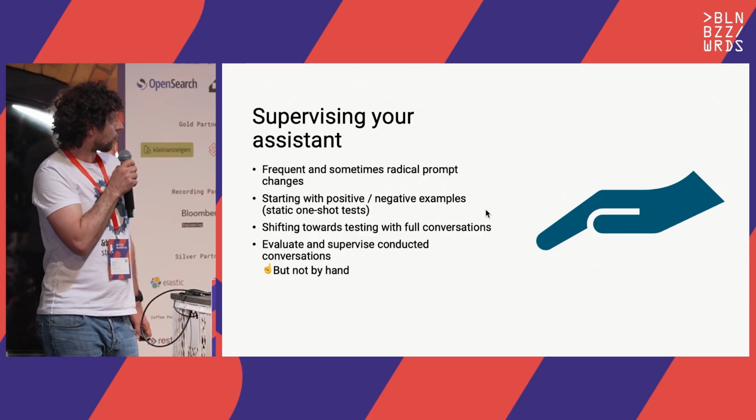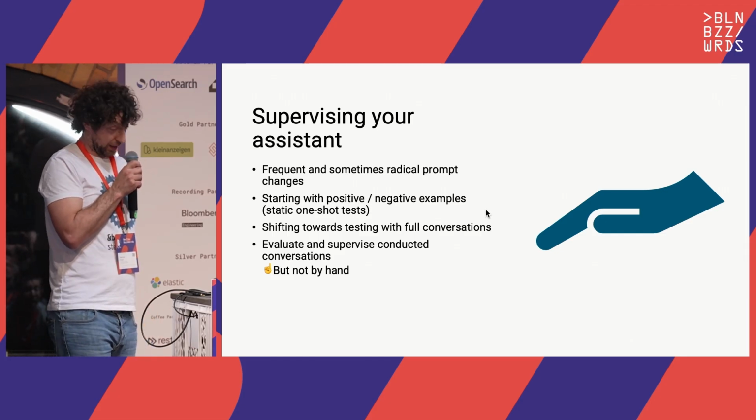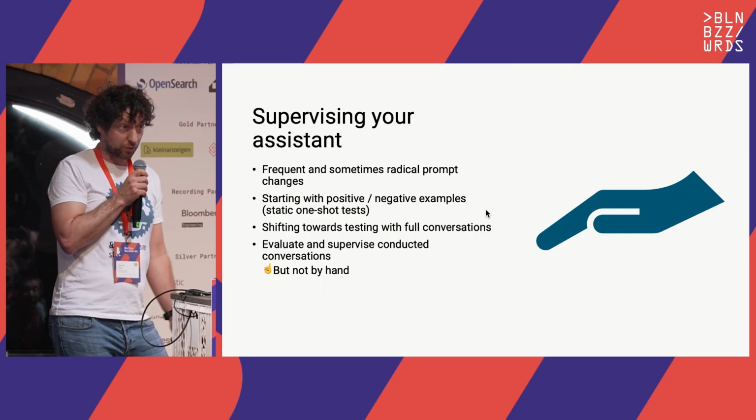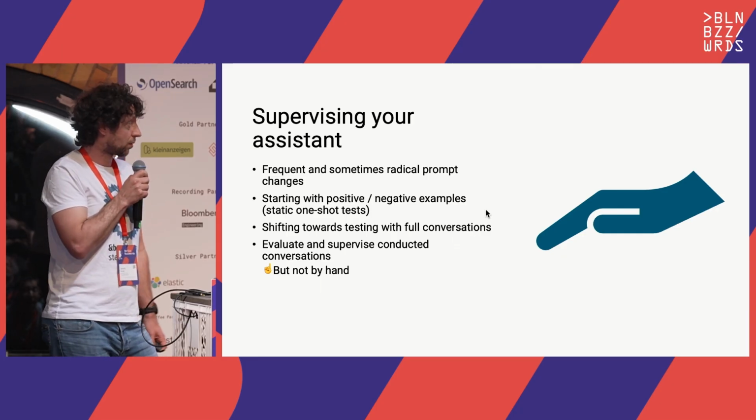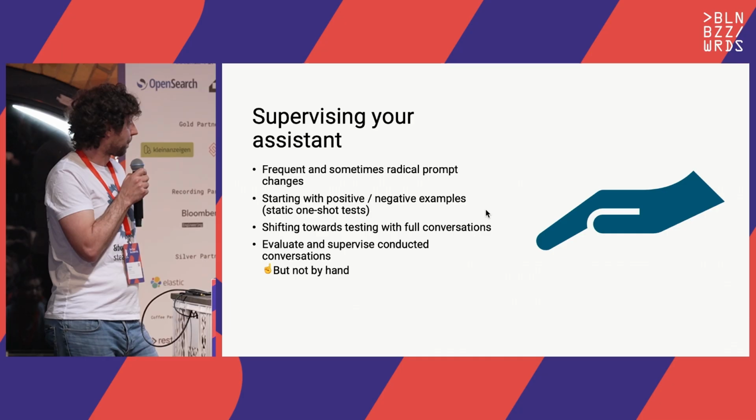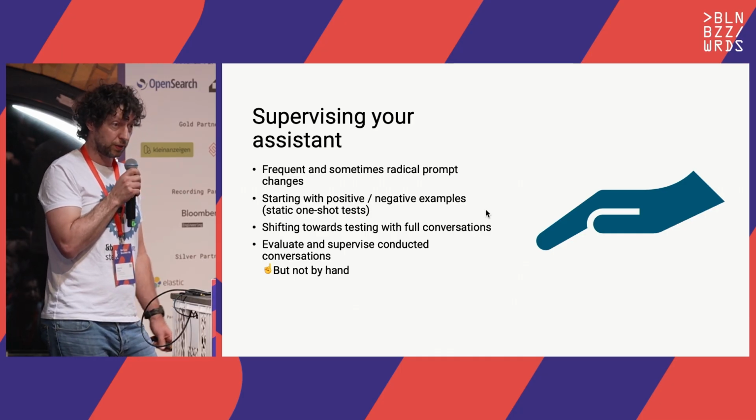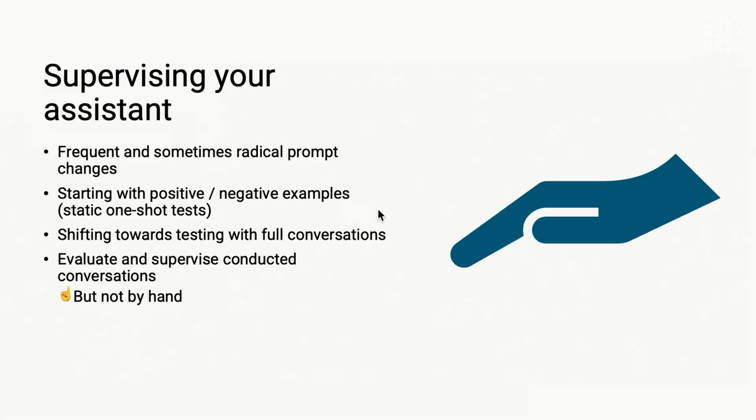But when you go live, you don't want to introduce regressions and errors. So how do you deal with those problems, when you frequently and sometimes radically need to change your prompts? The easiest ones are so-called one-shot tests.